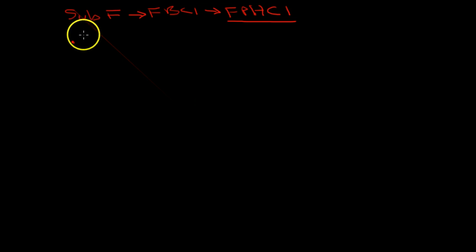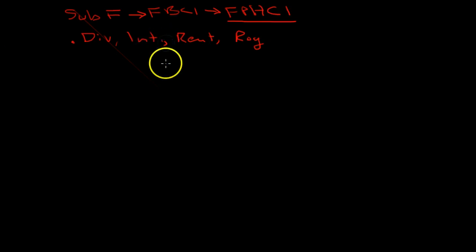The first one is the type of passive income that everybody's fairly familiar with. It has to do with dividends, interest, rents, and royalties. And by the way, the examples that we go through here are generic categories.